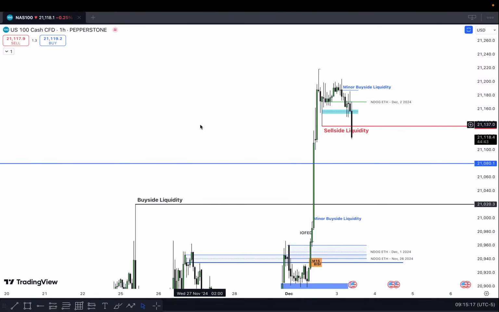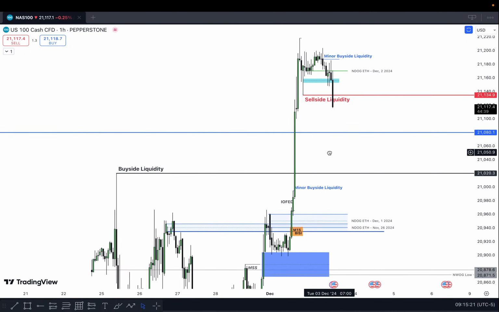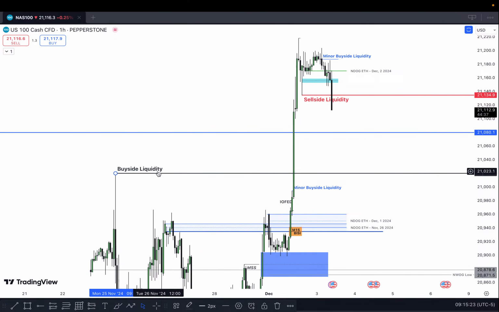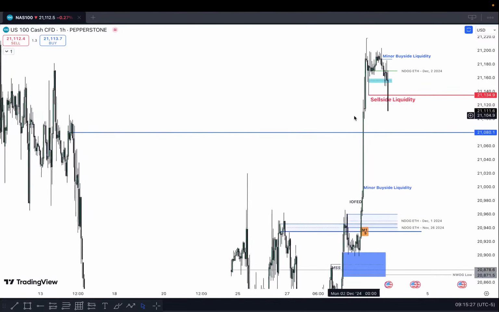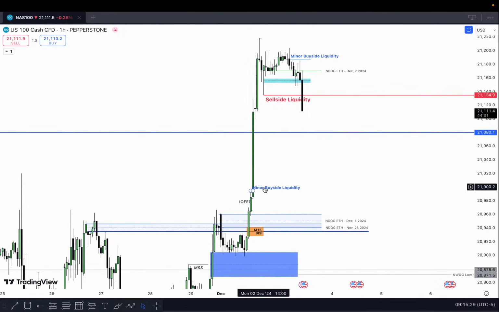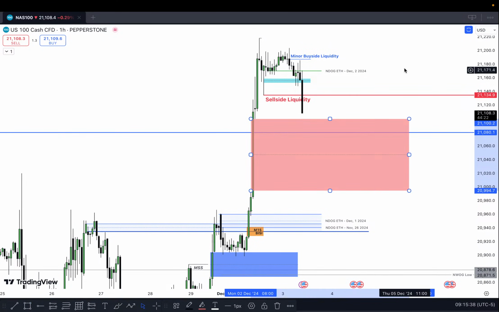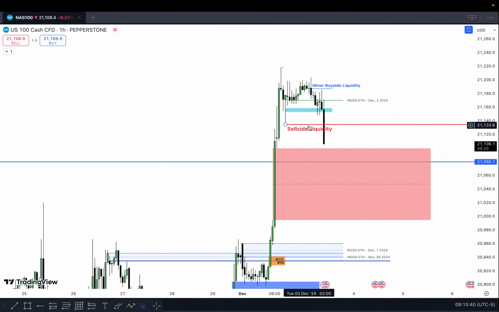NQ London manipulation done. Now New York continuation draws liquidity at the previous week high. I don't think that it is possible. I personally don't want to see that happen either. Some nice move should be formed from this 1 hour BC. From this 1 hour BC we should spend some time and go higher.